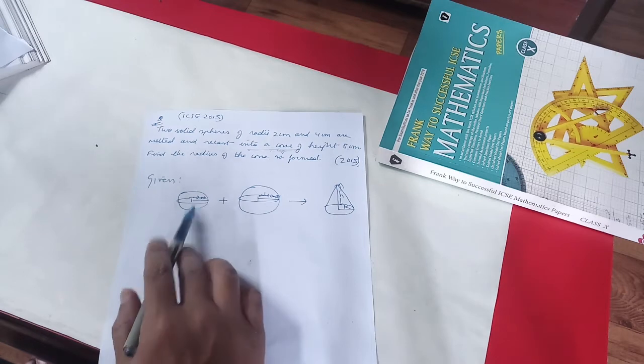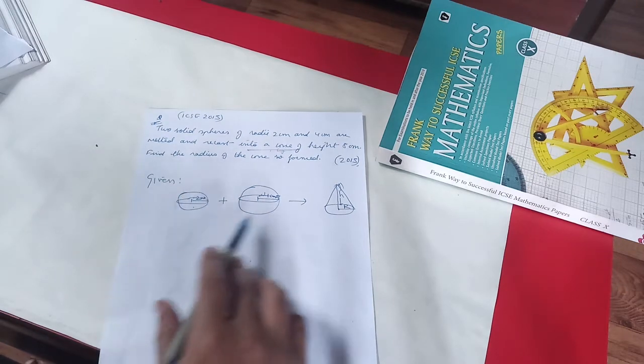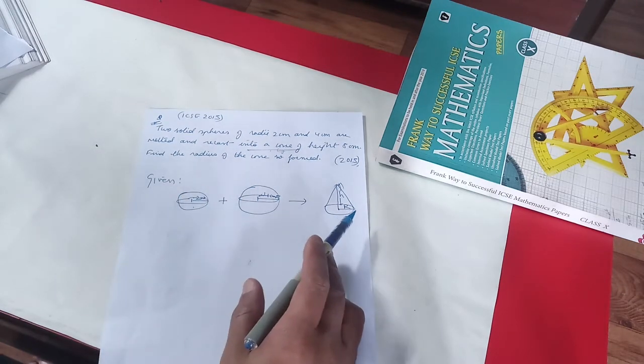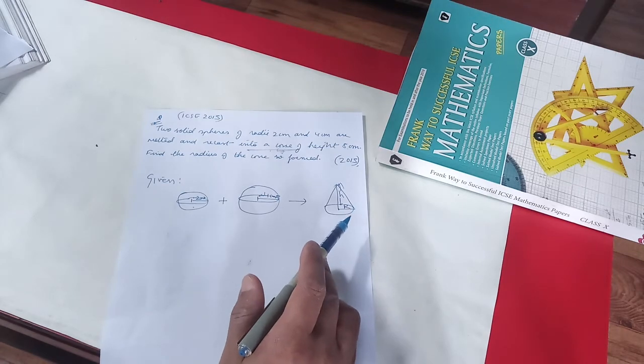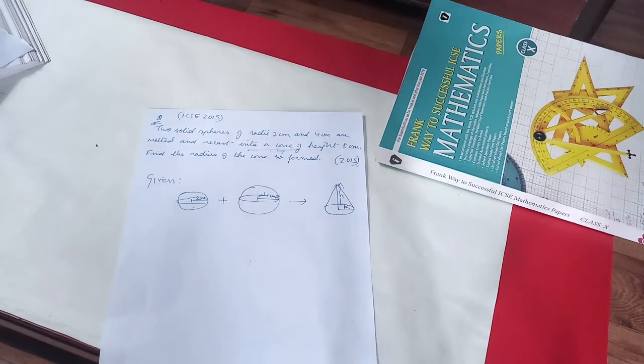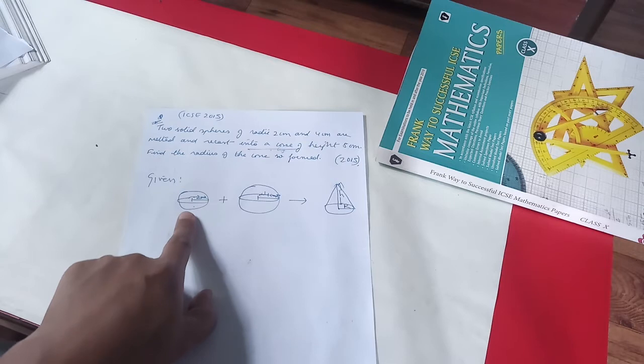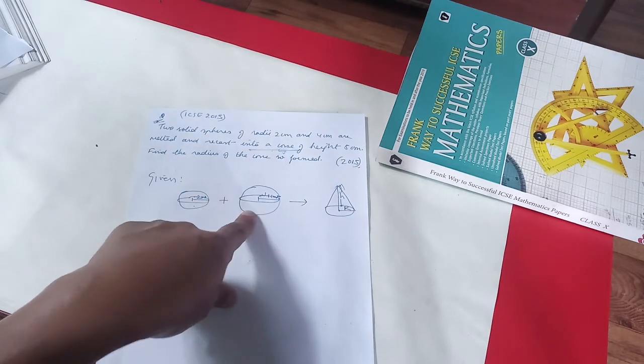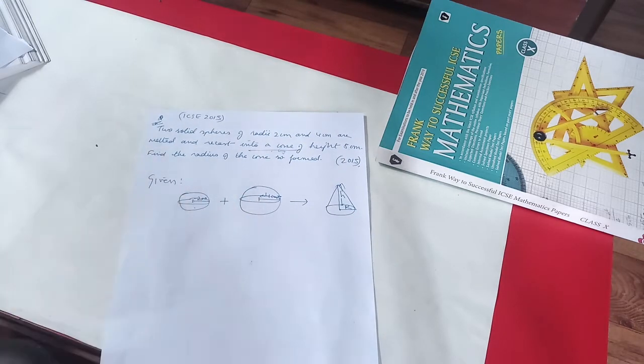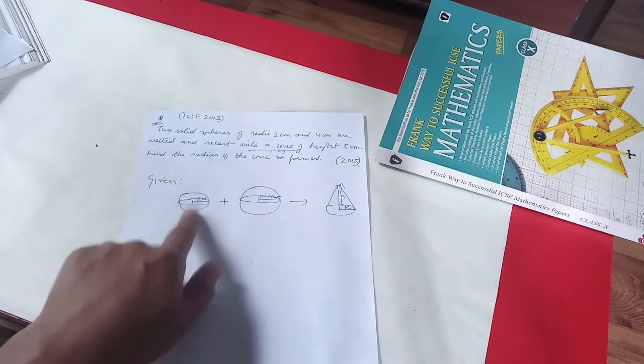So here two solids are melted and recast into one different solid. What will be the logic here? The volume of this plus the volume of this. If you add these two, there are only two, but they are not the same.